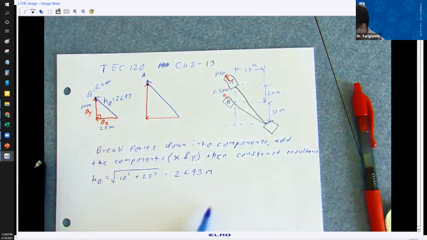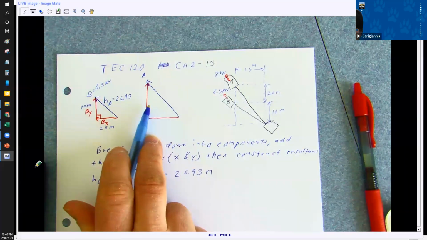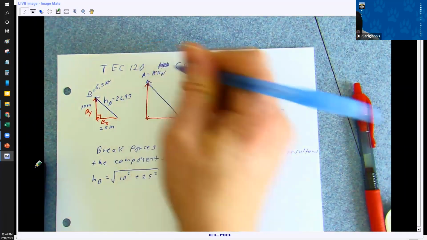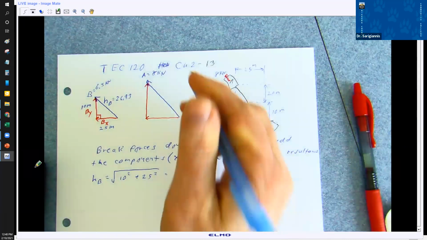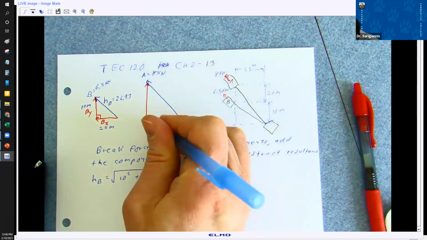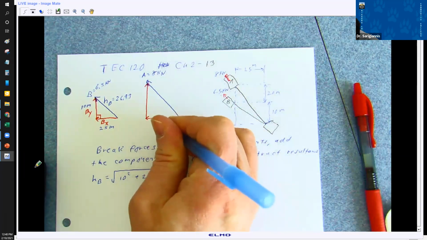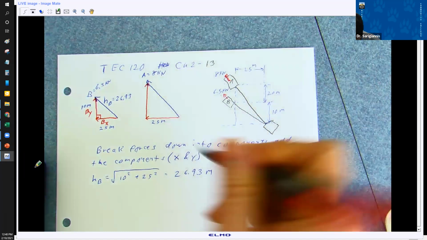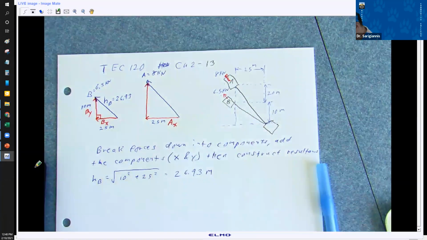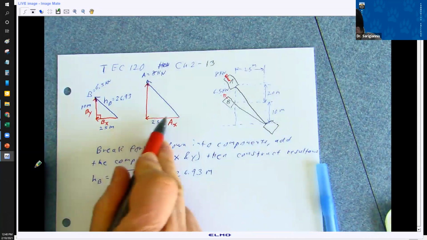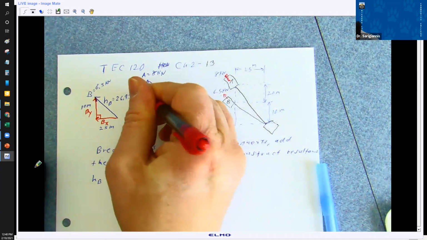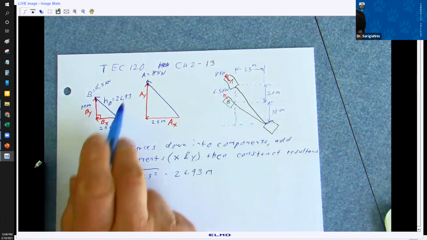Let's do the same thing for A. A is 8 kilonewtons. The lengths I have are 25 meters on the bottom here still. And this is the X component of the force A, right? This red is the X component of force, and the vertical is the Y component of force. It's AY.